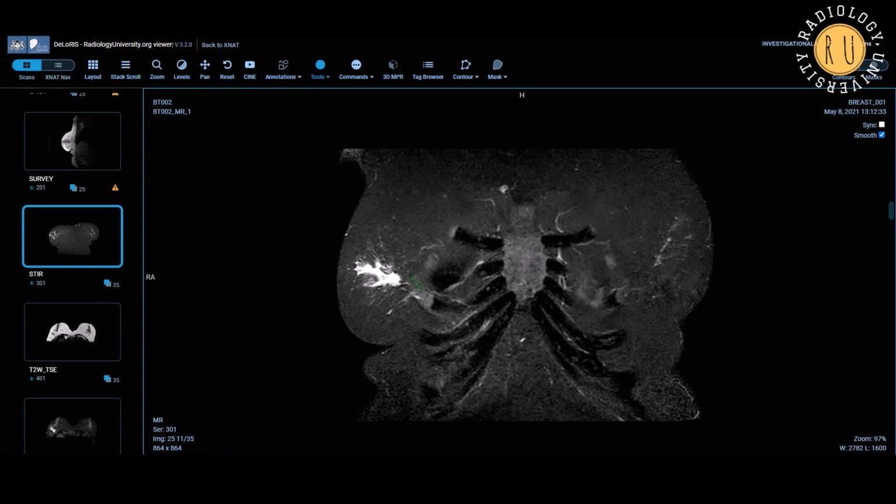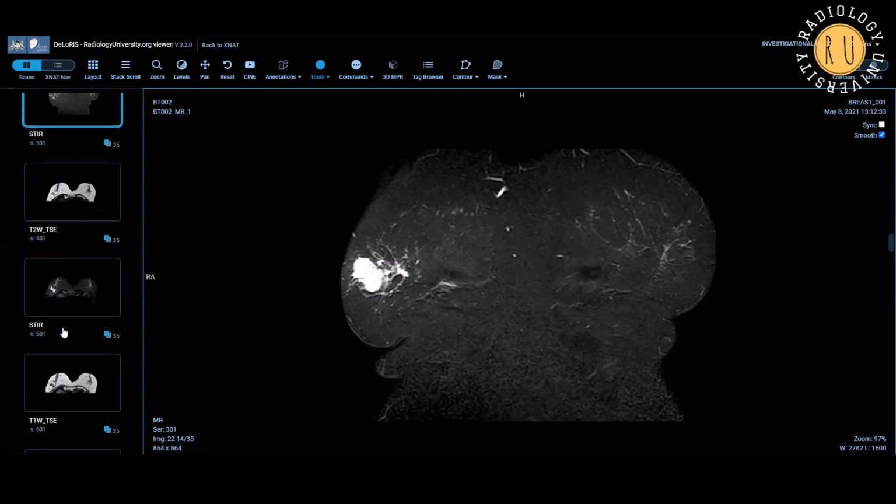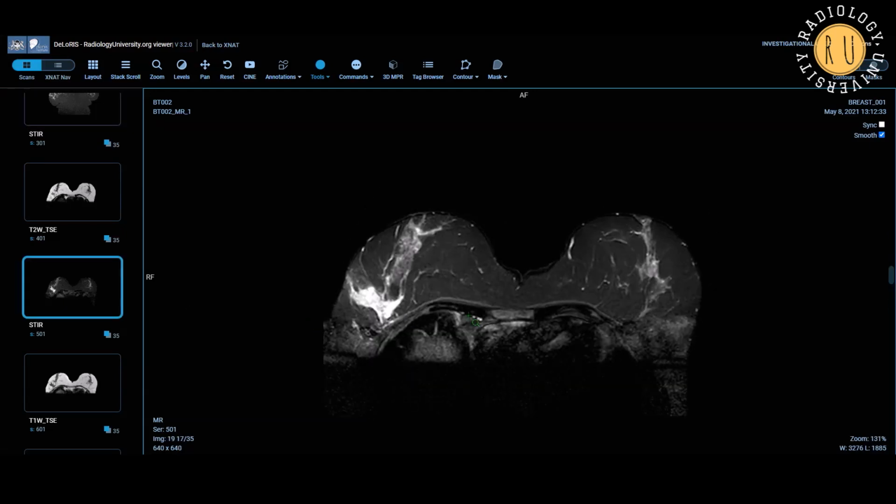I can't see any axillary lymphadenopathy, and there are no similar lesions in the contralateral breast. For these lesions, I would like to correlate with the mammogram and also the breast ultrasound if the patient has previous imaging. That is STIR axial, yeah.